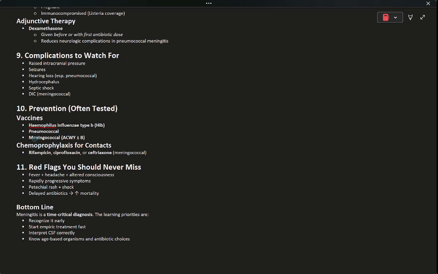And then we have the meningococcal vaccine with the serotypes A, C, W, Y. Sometimes it can also include the B serotype. Sometimes it's not included because the B serotype is not really immunogenic.